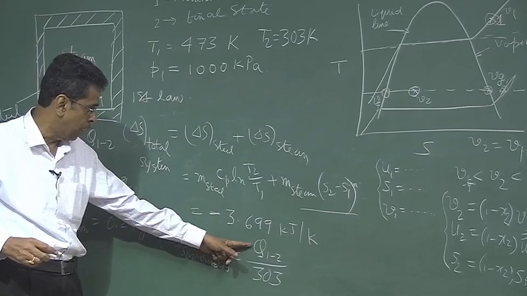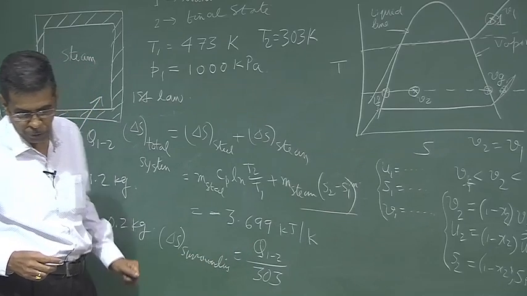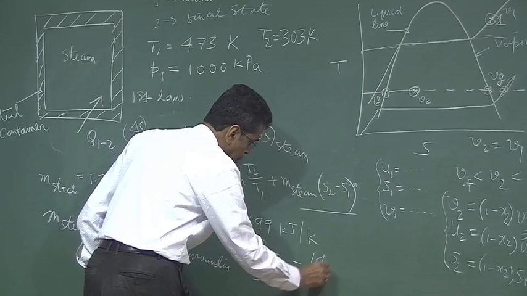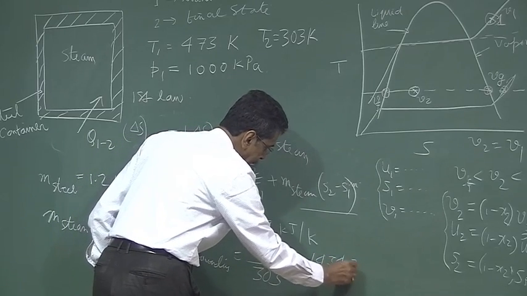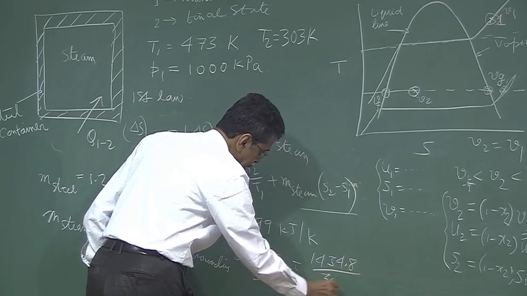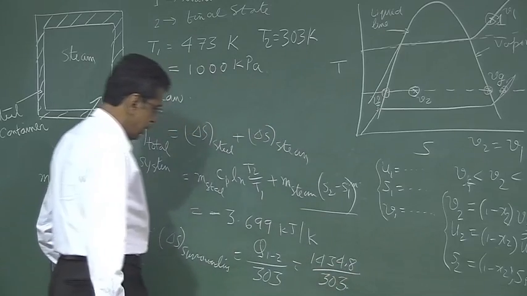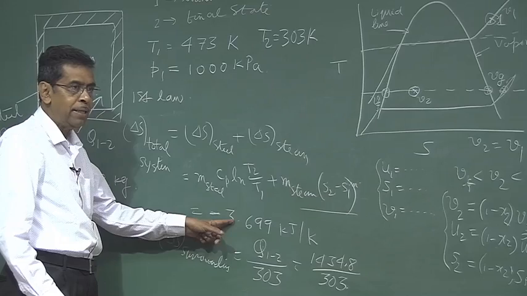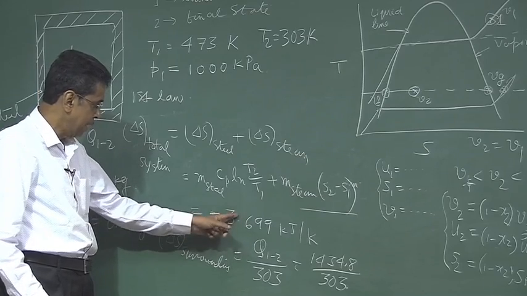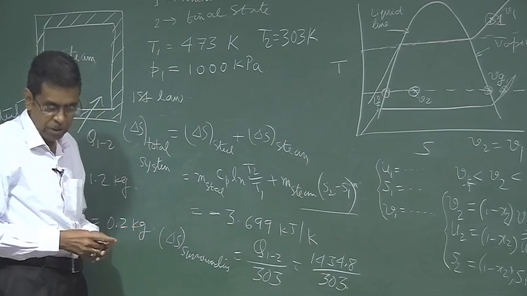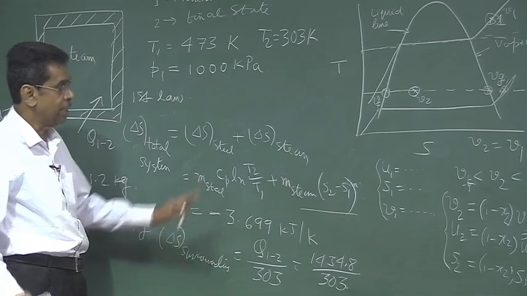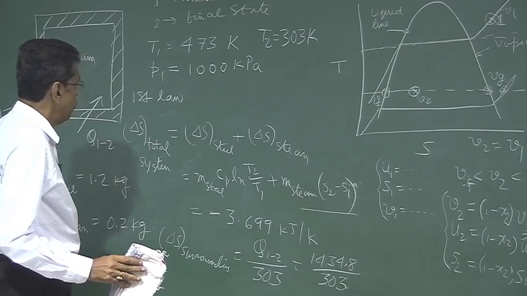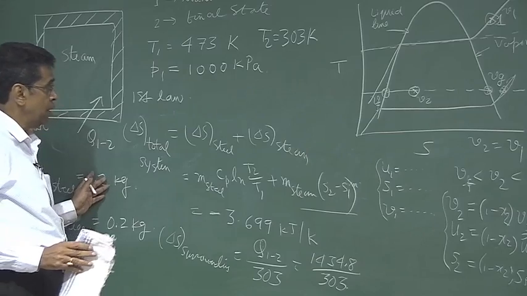If you put 1434.8 divided by 303, then you will get this more than this by magnitude. So this minus this is positive, that means entropy change of the universe is positive. This is not asked of course in this problem. Okay, I hope you have understood this problem well.